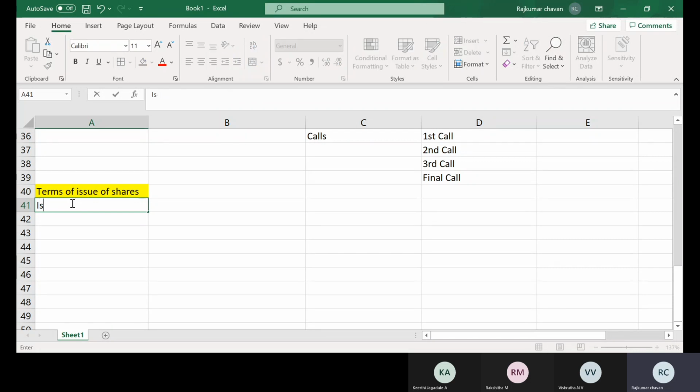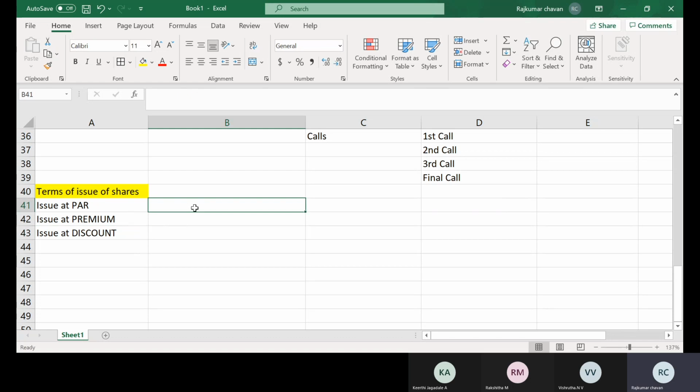Issue can happen at par, right? So issue at par, issue can happen at a premium, and issue can happen at a discount.